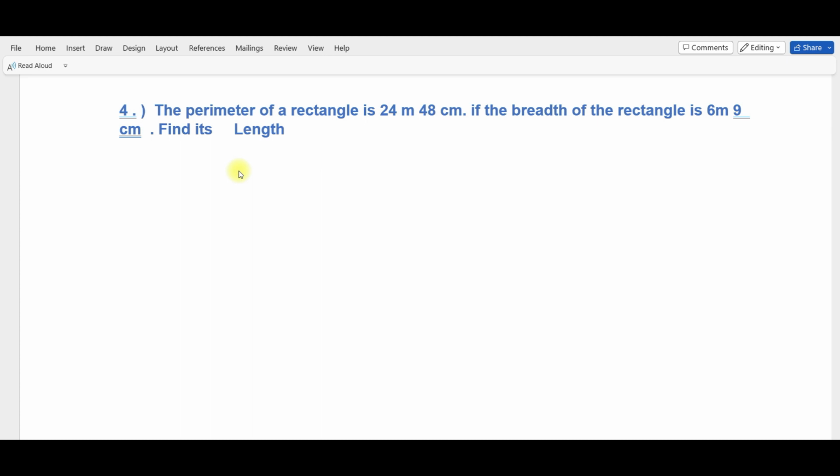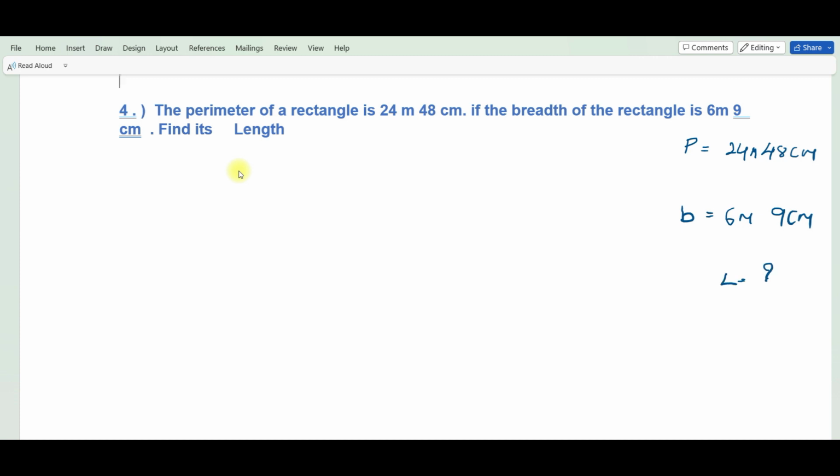If the breadth of the rectangle is 6 meters and 9 centimeters, what is its length? They have given us the perimeter, that is 24 meters and 48 centimeters, and we also have the breadth given, that is 6 meters and 9 centimeters. So we have to find what is the length.